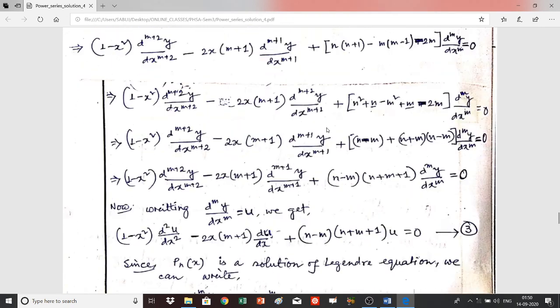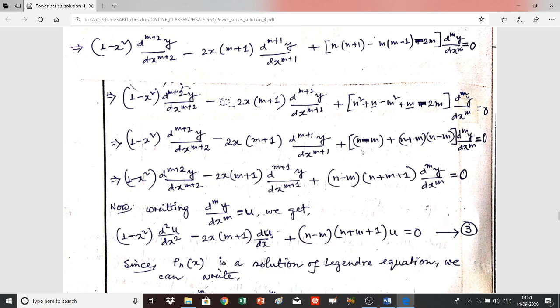Now nothing is to do for the first two terms, that is this term and this term, which are written here. Only just simplify these and you will get this in this manner, and after that these two terms remain the same, and you can simplify these as n minus m, this n and this m. This is plus m and this is minus m, so here will be minus m.